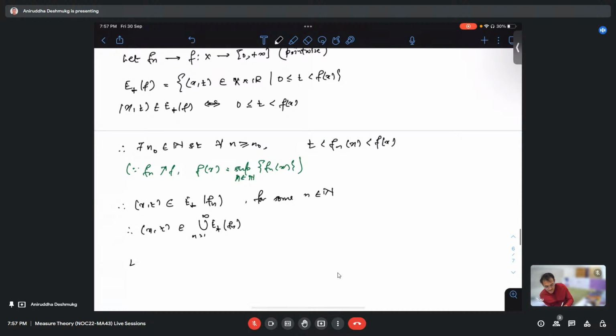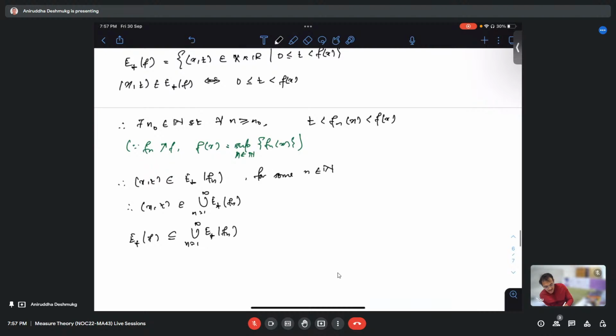That means I have just proved that E lower star f is contained inside the union of E lower star Fn. But notice that if (x, t) is inside E lower star Fn, then 0 is less than or equal to t is strictly less than Fn of x, but Fn of x is anyway less than or equal to f of x. It means (x, t) is already inside E lower star f.